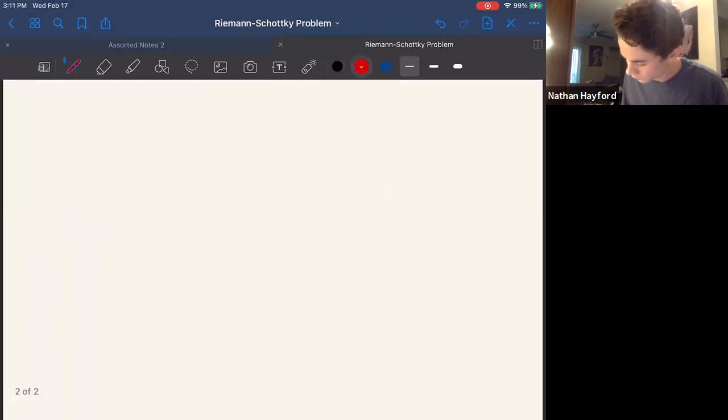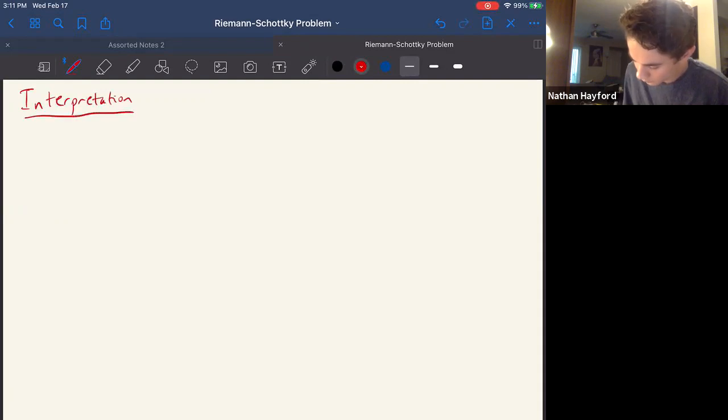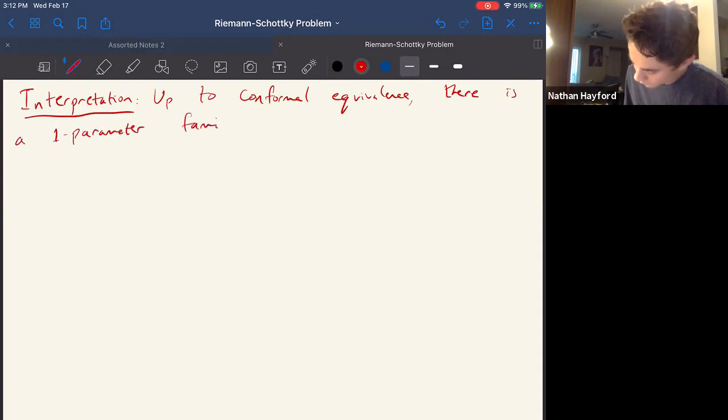So our interpretation of this result is going to be the following. Up to conformal equivalence, there is a one parameter family of doubly connected domains.